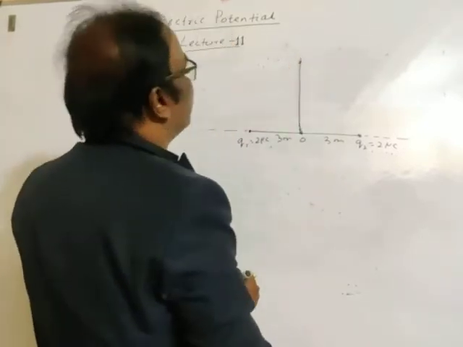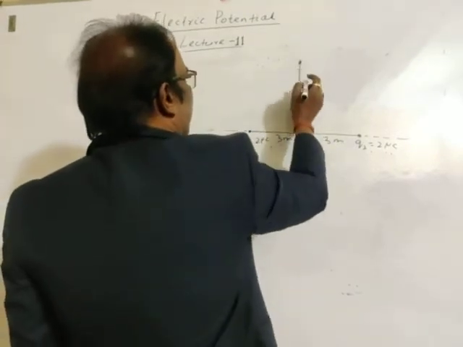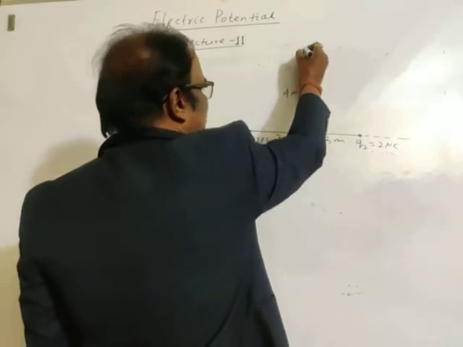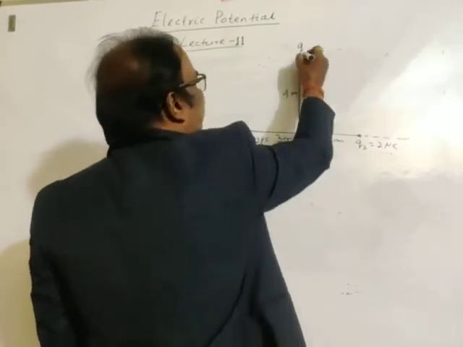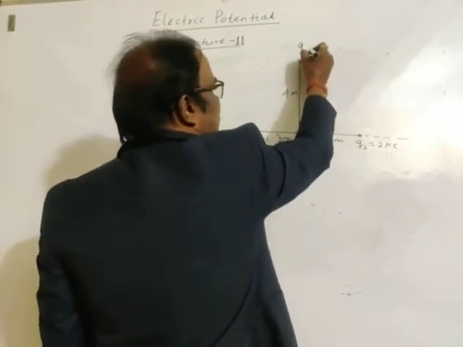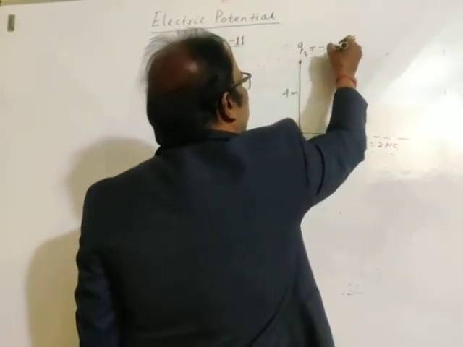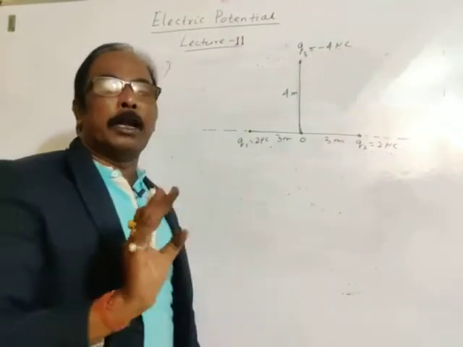Let a charge at a distance 4 meter, another charge Q3, which is equal to minus 4 microcoulomb, be placed now.